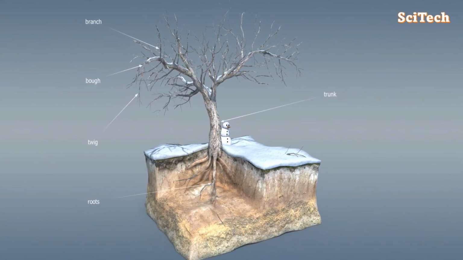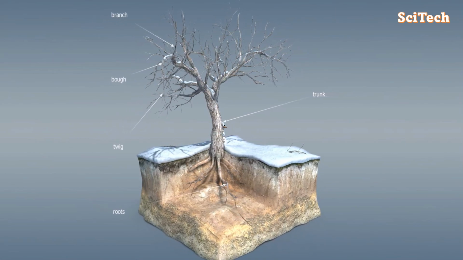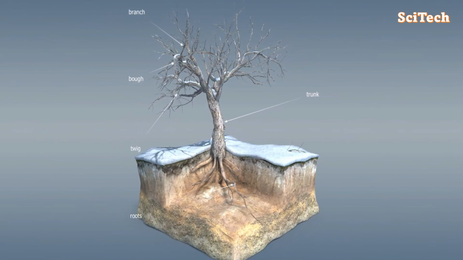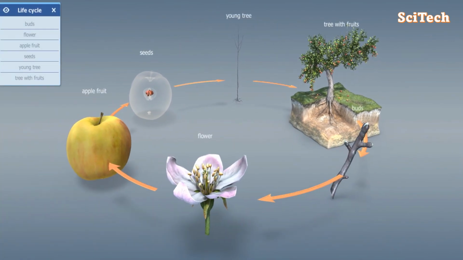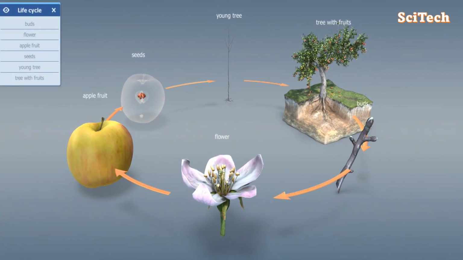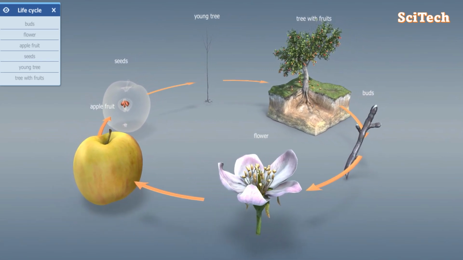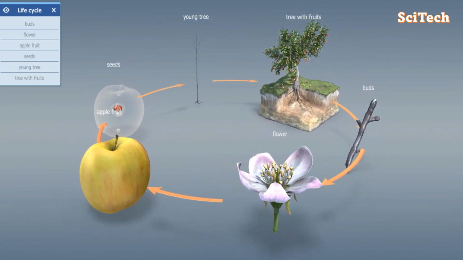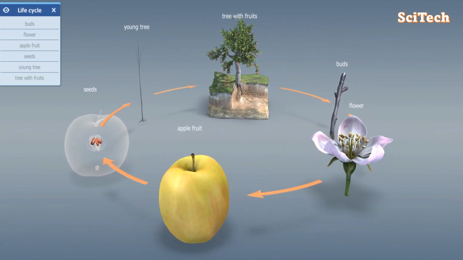Apple trees need sunlight, water, and healthy soil to grow strong. This is the shape in the snowy season. You can see roots. This is the life cycle of the apple.